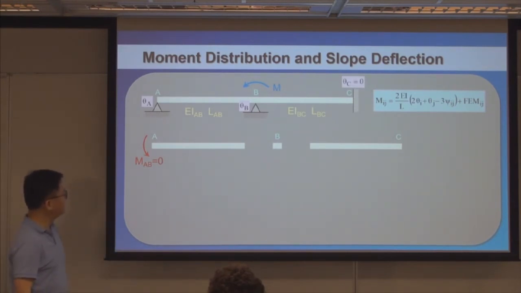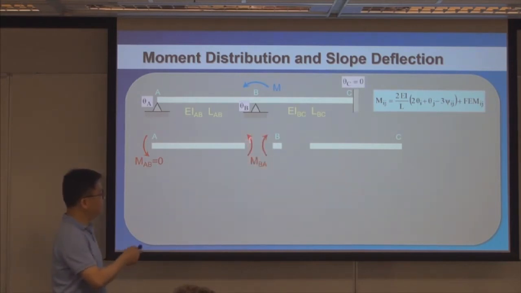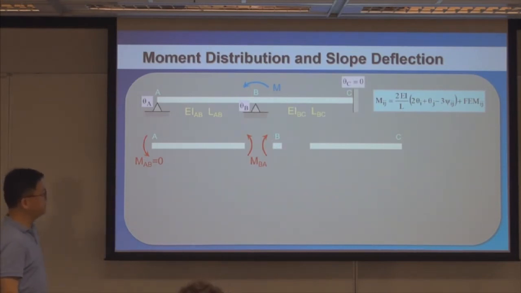On the other end is MBA. MBA again follows the sign convention, counterclockwise positive, and this is just action-reaction acting on joint B. So that's MBA.